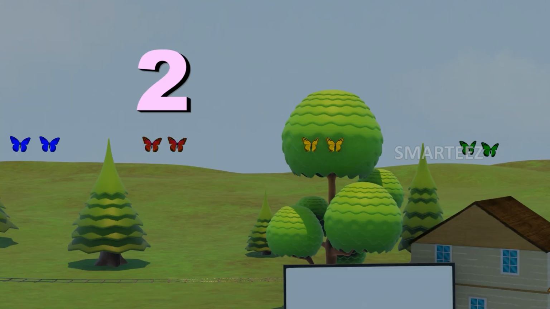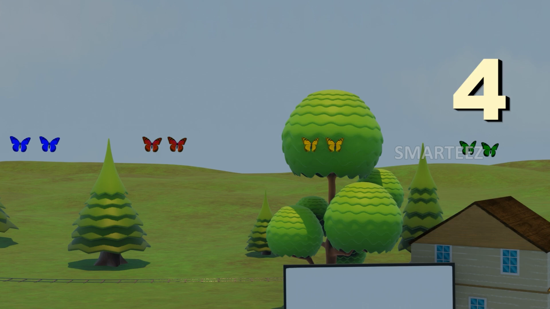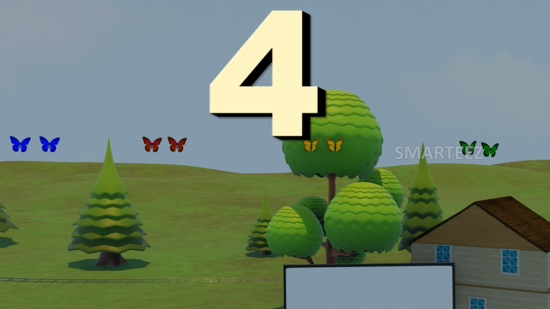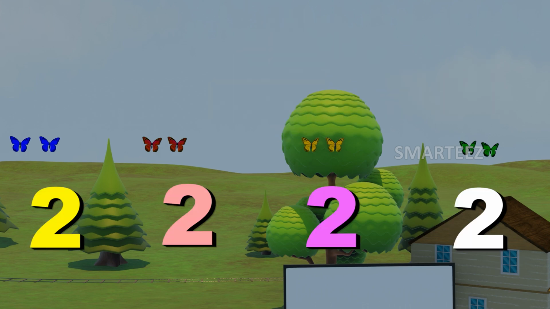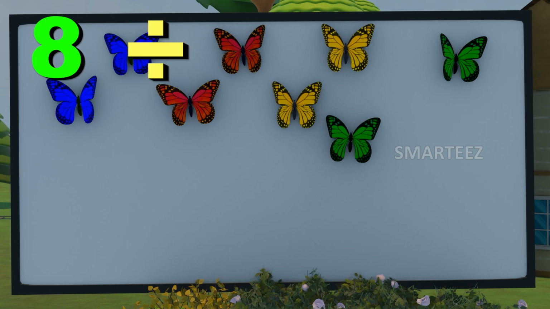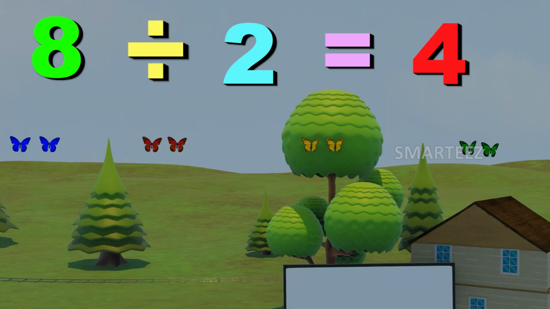One, two, three, 4. There are totally 4 areas. There are 2 of them in each area. When we divide 8 by 2, we get 4.